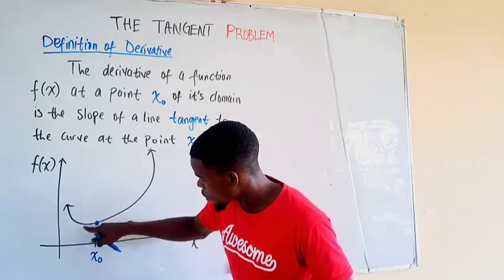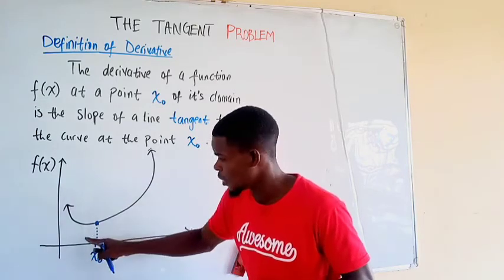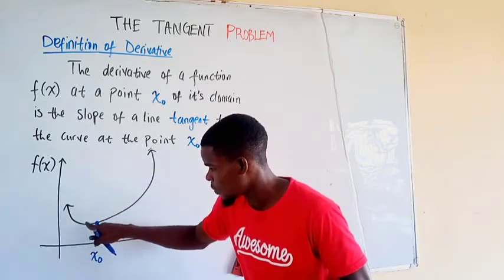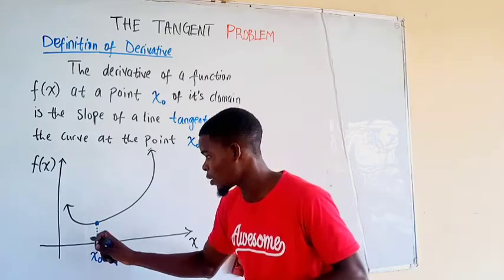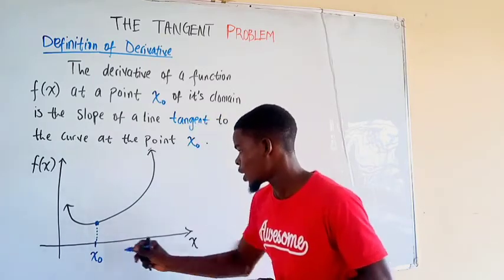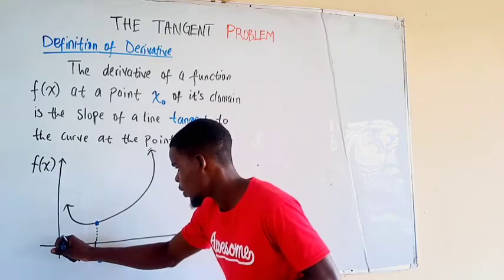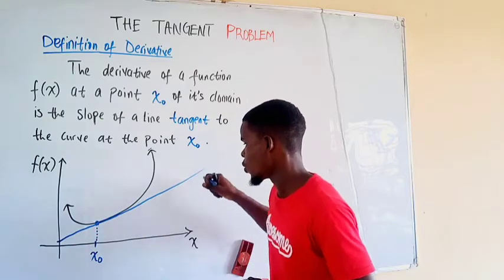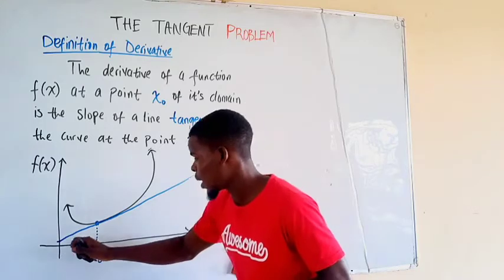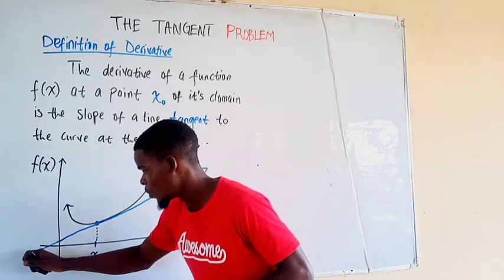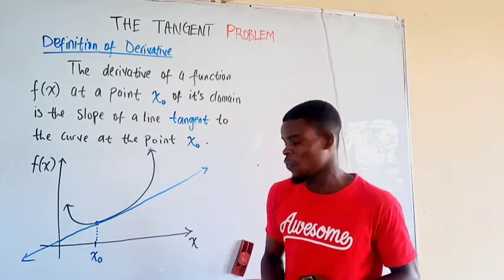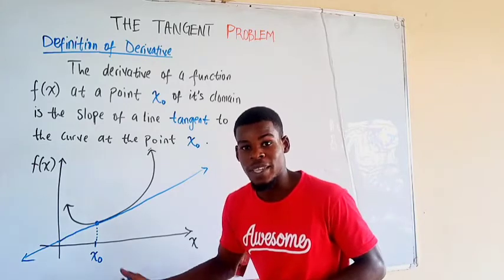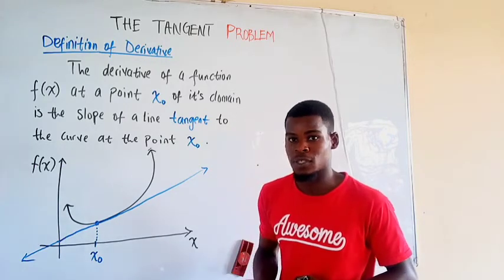All we care about is that it just touches. It doesn't cut through like this. It just touches, and this is the way the line will go: we draw the line to touch and then go on, without actually cutting through at that point, just touching the curve. This may not really be accurate, but it's a good thing to work with.